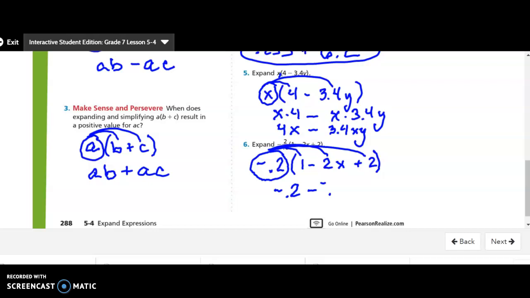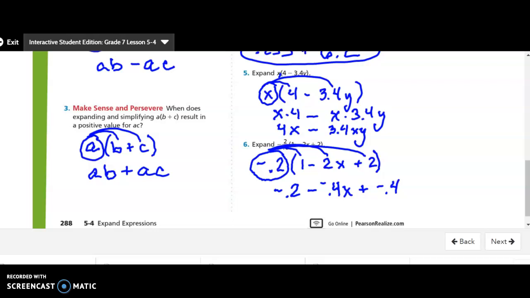Notice what happens here. We end up with minus a negative. We'll simplify that in a minute. But I keep the minus sign and I bring in the negative. Plus, negative 0.2 times 2 is going to be negative 0.4 again. So first step, we identified our BOM and we multiplied it in to every single piece.